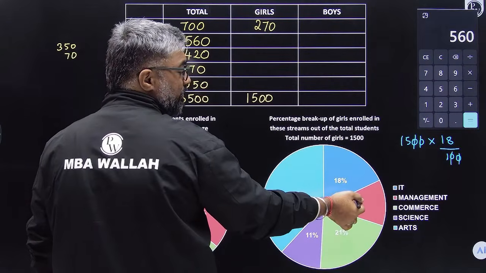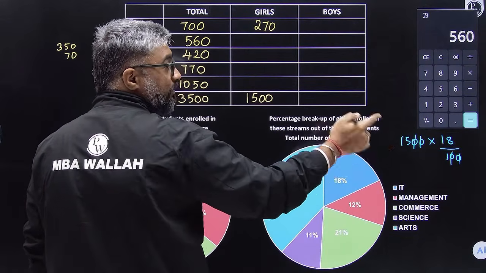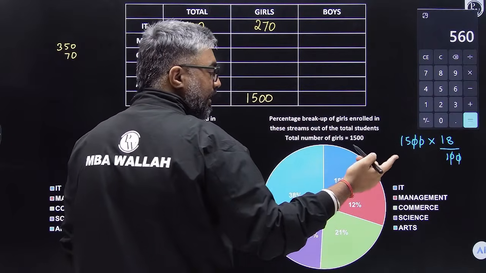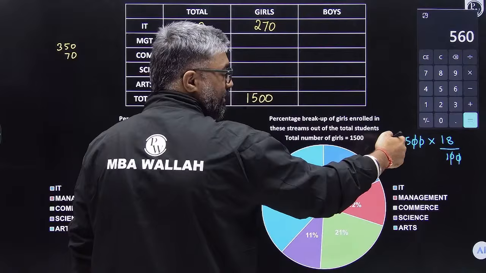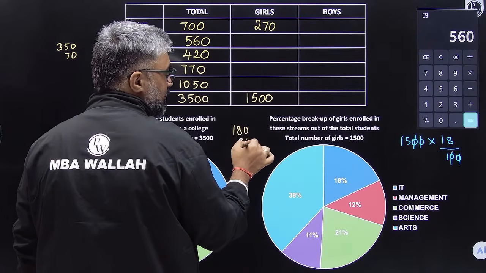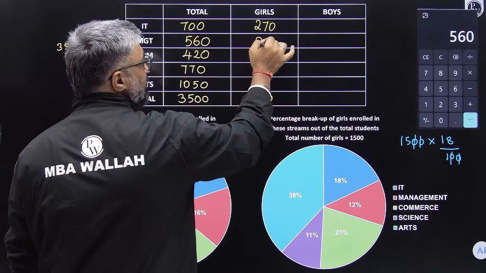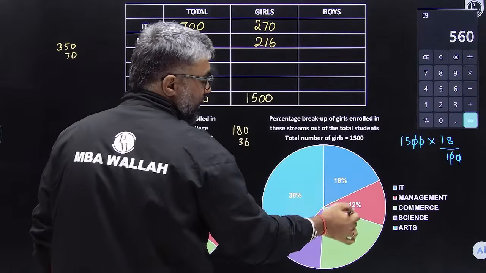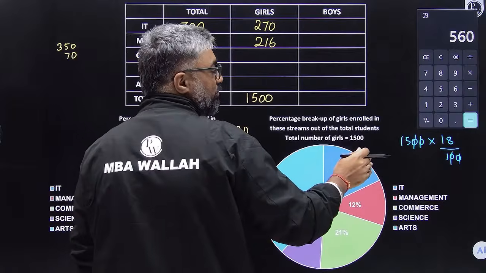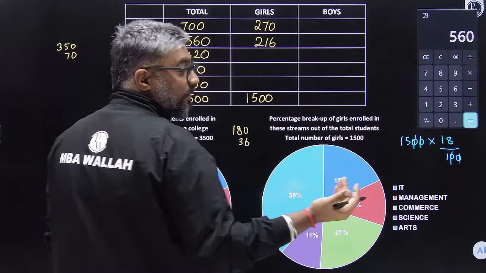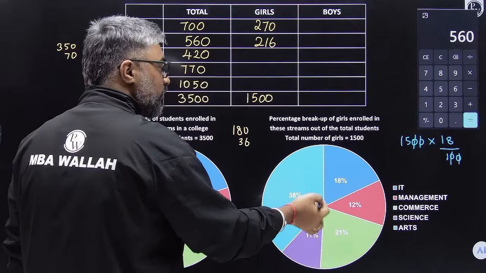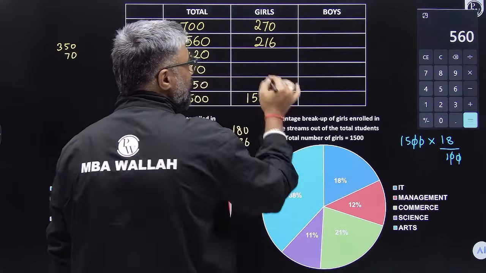12% is going to be what? 12 into 15 is 150 plus 30. Getting this, 12 times 15: 10 times is 150, and then 2 times is 30, which adds up to 180. Next, you have 21%. 20% is going to be what? 15 into 20 is how much? 300. 300 plus 1%, that's 1 times 15, which is 315.